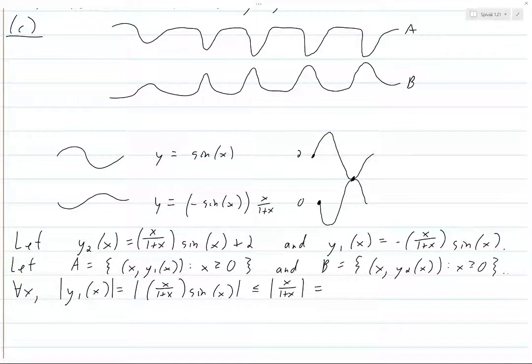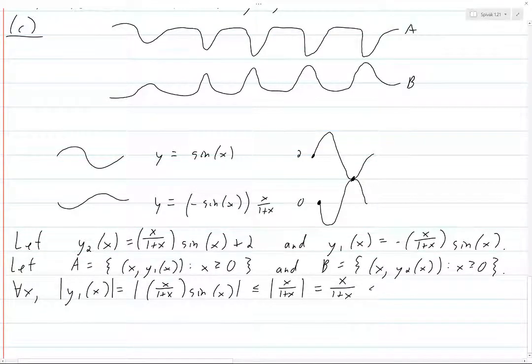How am I going to prove these are closed? Oh well, let's get to that later. Because x is greater than or equal to 0, this is just this.